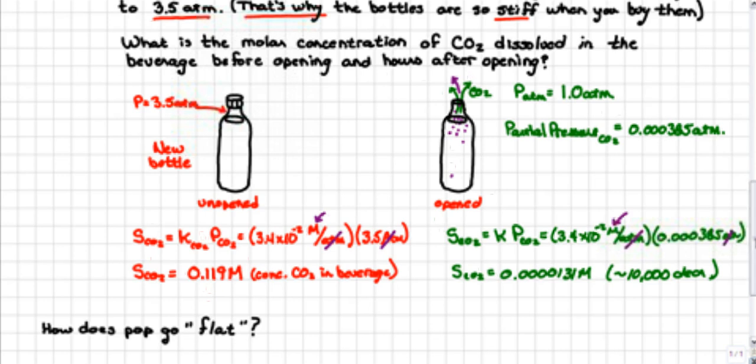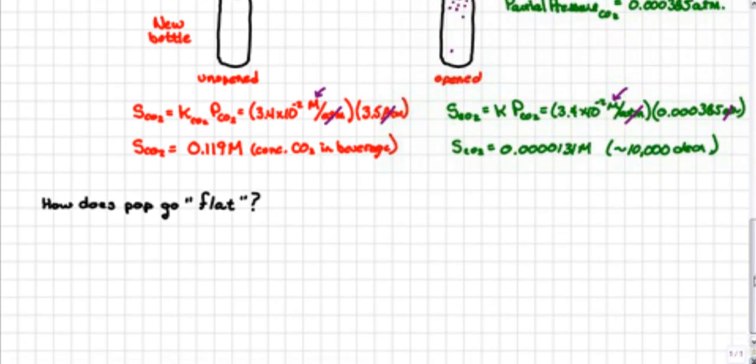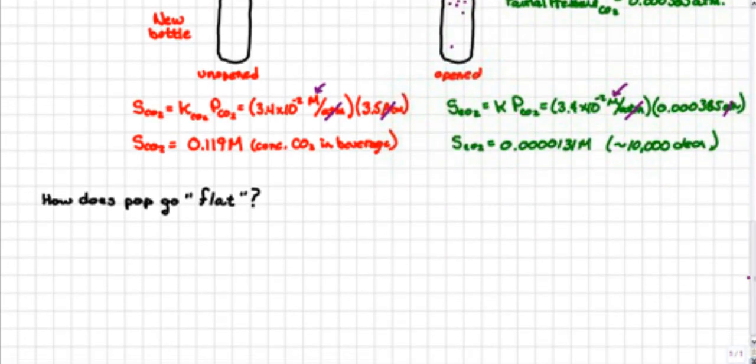Well, that brings to mind the last question having to do with gases and solubilities. How does pop, or soda, go flat? We've discovered one explanation. If you open the bottle to the atmosphere, what you do is you decrease the pressure of the carbon dioxide in the space above the liquid. Now, a decrease in carbon dioxide pressure also decreases the solubility of the carbon dioxide.